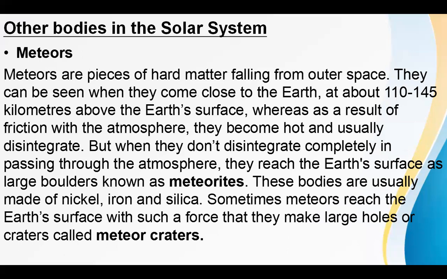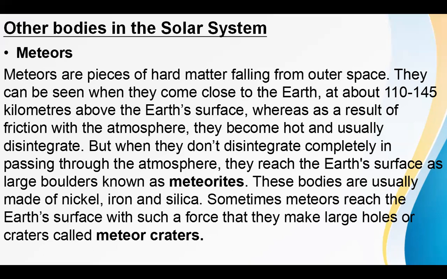Now, when they don't disintegrate completely when passing through our Earth's atmosphere, they reach the Earth's surface as large boulders known as meteorites. You might notice that there are some places where these meteorites are found. These bodies are usually made of nickel, iron, and silver.